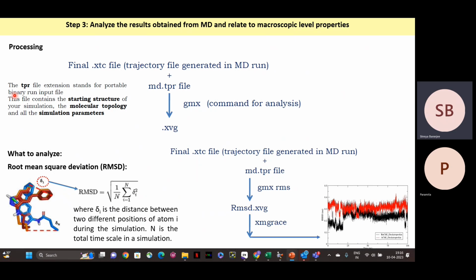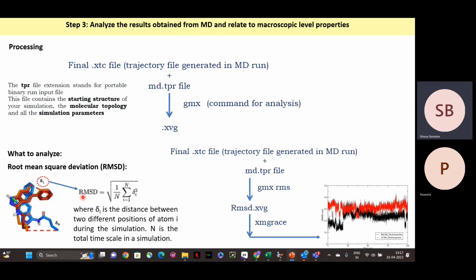After that, you will be able to calculate the different properties of the system, like the root mean square deviation. Root mean square deviation is defined by this formula, and it calculates the deviation between, say, the structure of the protein at 10 nanoseconds and the initial structure of the protein. Delta i is the distance between 2 different positions of atom i during the simulation.